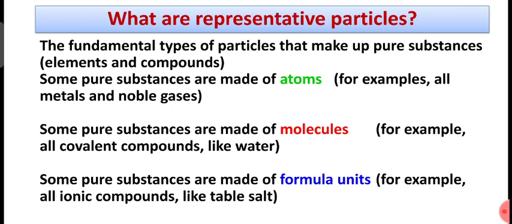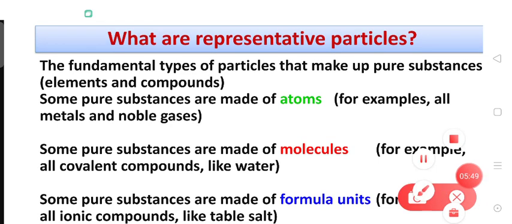Okay, so you need to find out what is the representative particle of the substance. Representative particle of the substance means the fundamental particle which constitutes that particular pure substance.